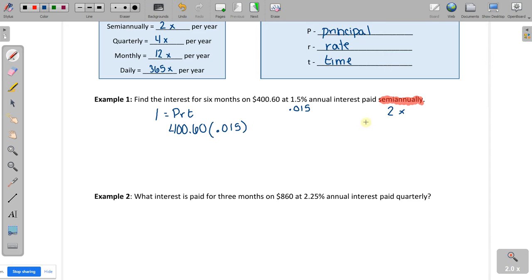Times our time. It's happening semi-annually. Find the interest for 6 months. So that's half of a year. So it's going to be 1 times for semi-annually. So it's going to be 1/2.